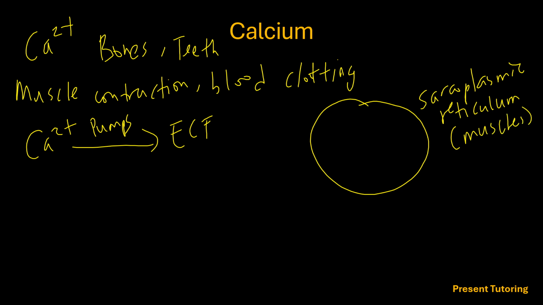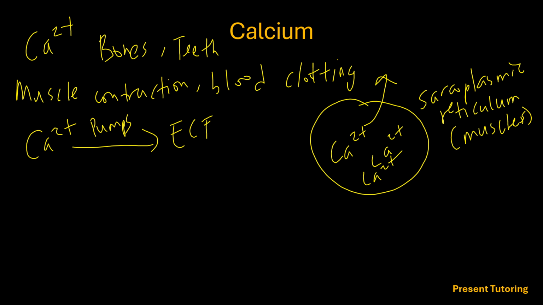Unless muscle contraction is triggered, the calcium would usually get stored in the sarcoplasmic reticulum. Once the muscle is triggered to contract, the calcium travels out into the sarcoplasm, and eventually it binds to the sarcomeres for contraction.